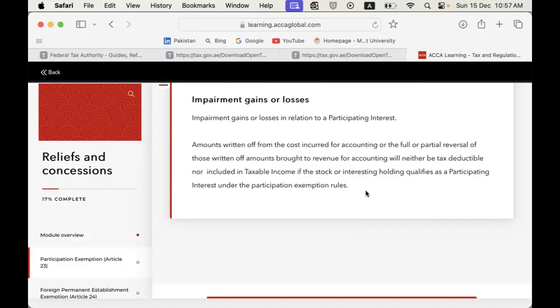So for such an asset whose income is exempt, if there was an impairment loss booked in IFRS compliant financial statements, don't you think that loss should also be excluded in our corporate tax return because it relates to an asset giving rise to an exempt income? What do you think, Abbas? Yeah, it should be exempted. I mean, not made part of the tax calculation.